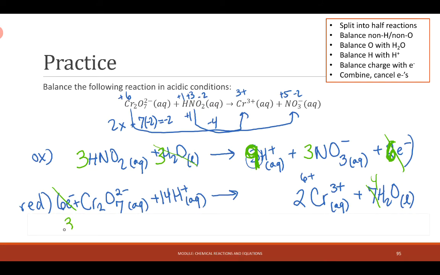And so that will be 3HNO2 aqueous, and my chromate, and I can also simplify out my hydrogen ions. That's going to reduce that to 5.